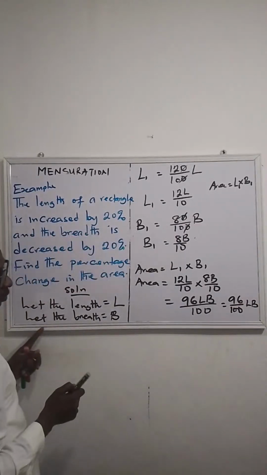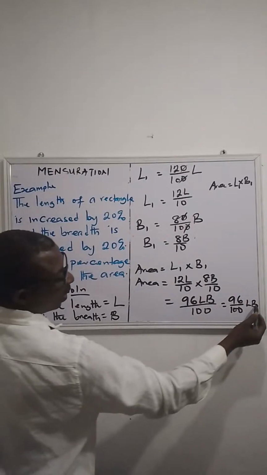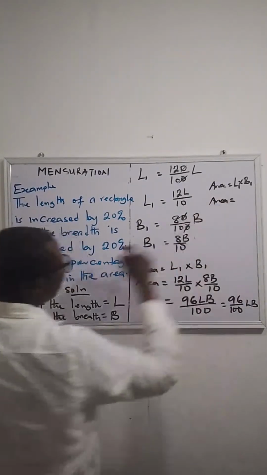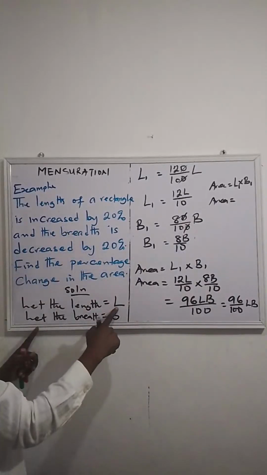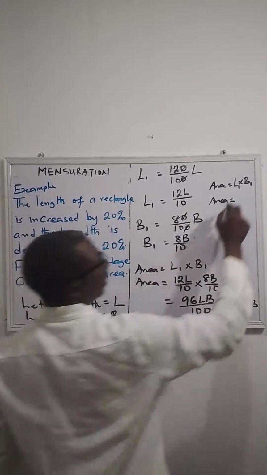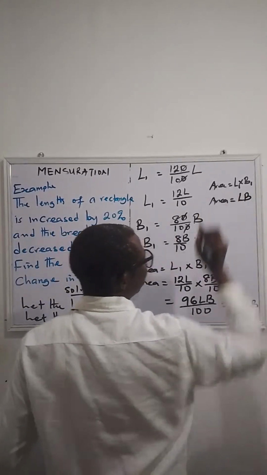Now, don't forget, this LB is the initial area, where this is the main length and this is the main breadth. So the area is length times breadth.